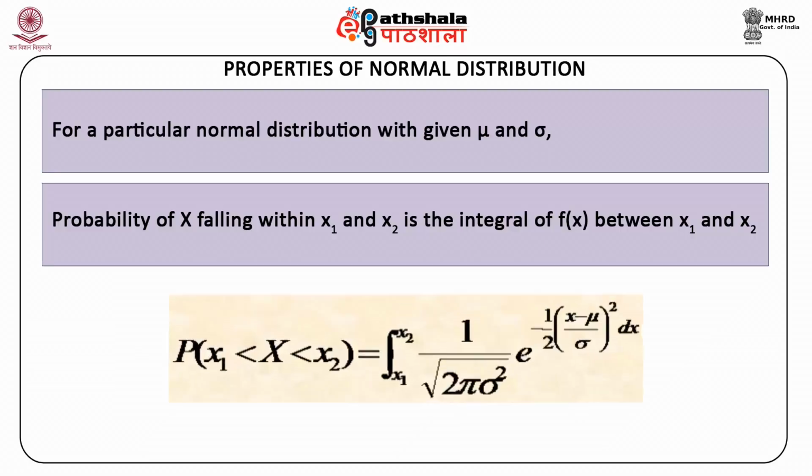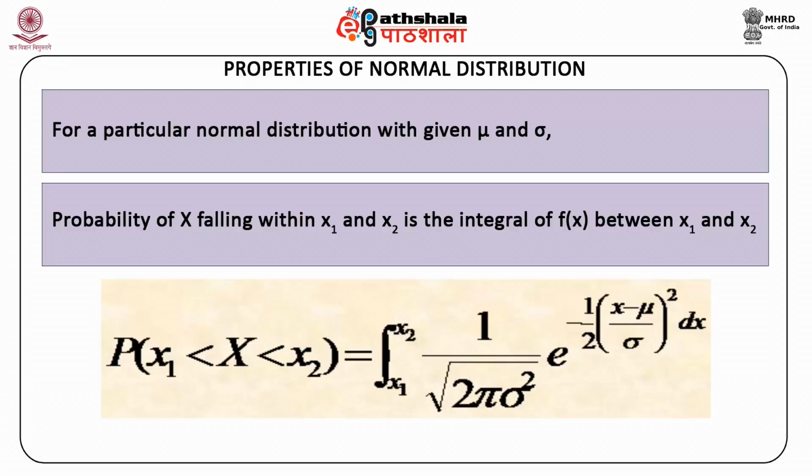That is, probability of x1 less than x less than x2 is equal to integral x1 to x2 of 1 upon square root of 2 pi sigma square multiplied by e to the power minus 1 by 2 multiplied by ((x minus mu) upon sigma) whole square dx.